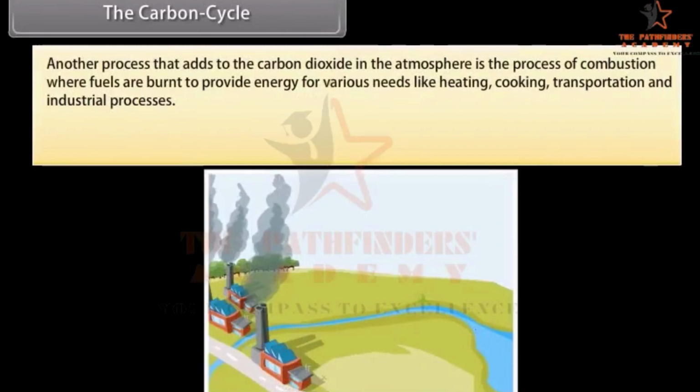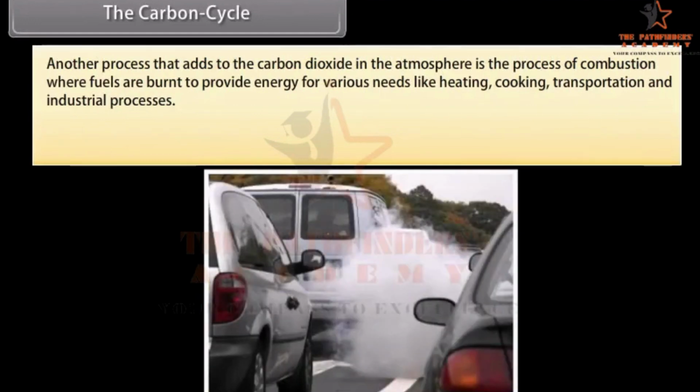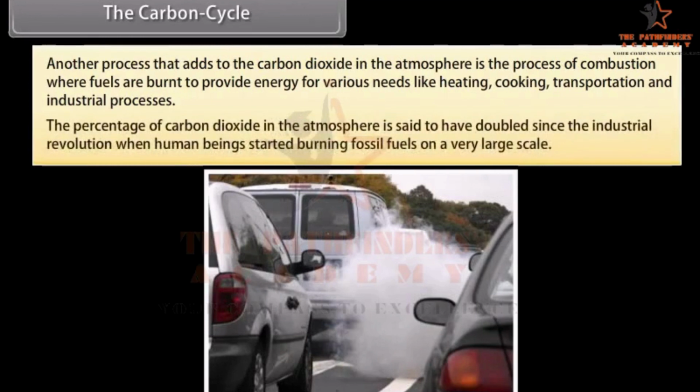Another process that adds to the carbon dioxide in the atmosphere is the process of combustion, where fuels are burnt to provide energy for various needs like heating, cooking, transportation, and industrial processes. The percentage of carbon dioxide in the atmosphere is said to have doubled since the Industrial Revolution, when human beings started burning fossil fuels on a very large scale.